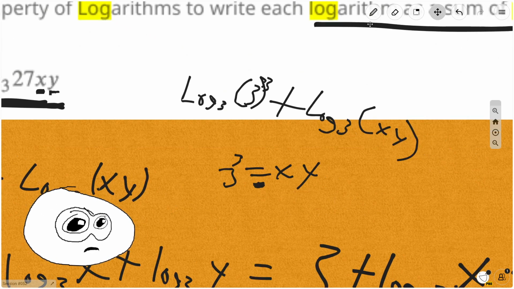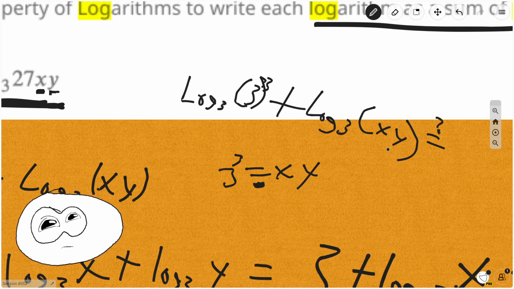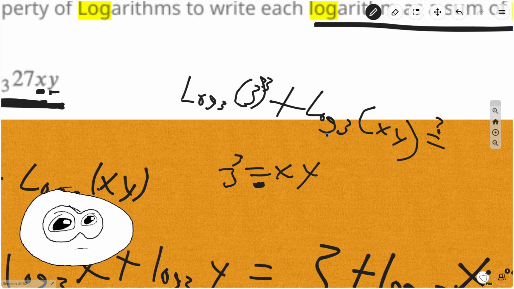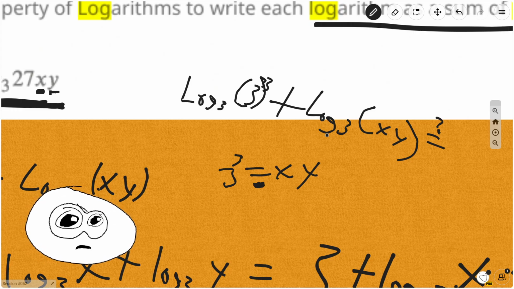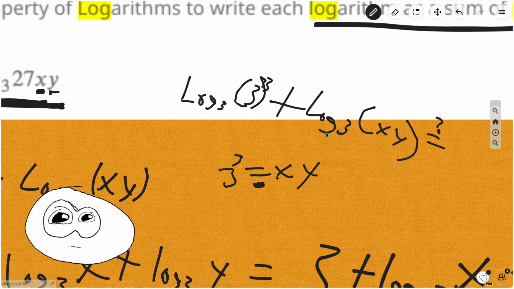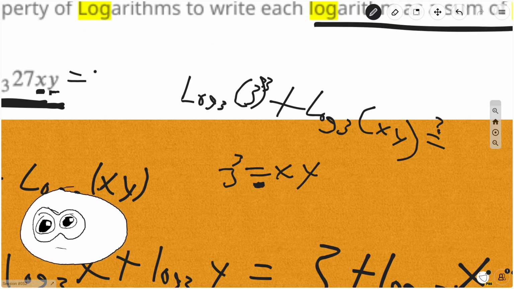We only have these things being added, so we don't want to reduce it by moving things from one side to another, because we don't have another side.